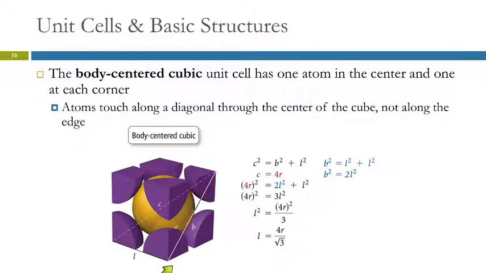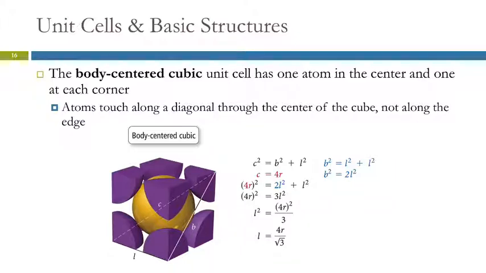But the atoms do touch at a diagonal through the cube. So from one corner to the opposite corner of the cube, not along a side even, but from one corner to the opposite corner of the cube.